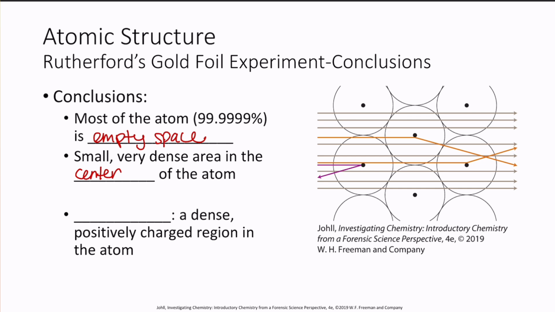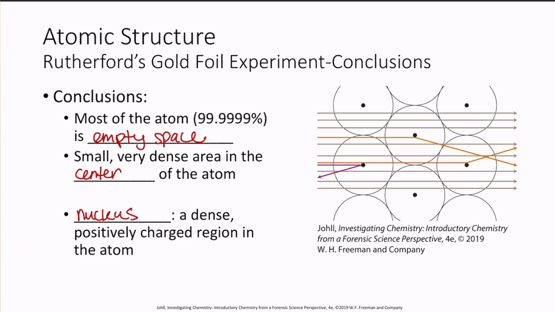Now, that area was later called the nucleus. So the nucleus is a very dense, positively charged region in the atom, and it's generally said to be at the center of the atom.